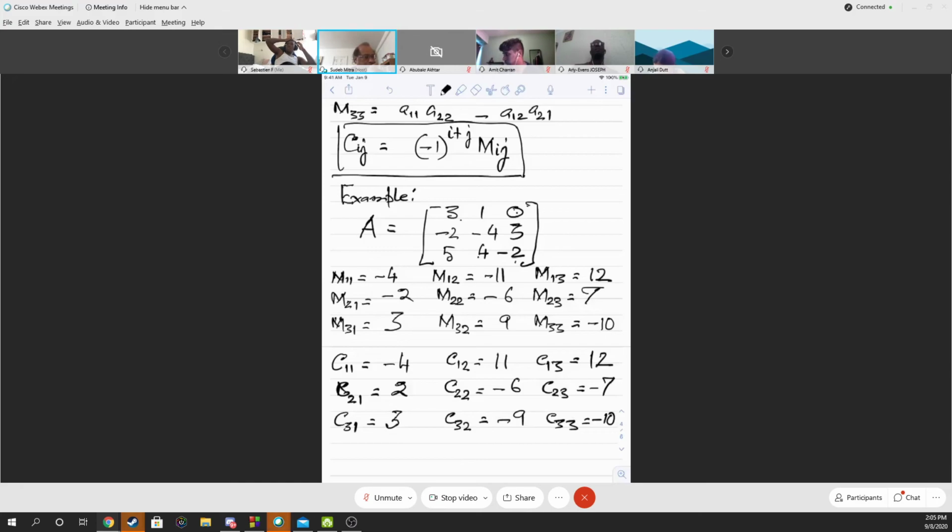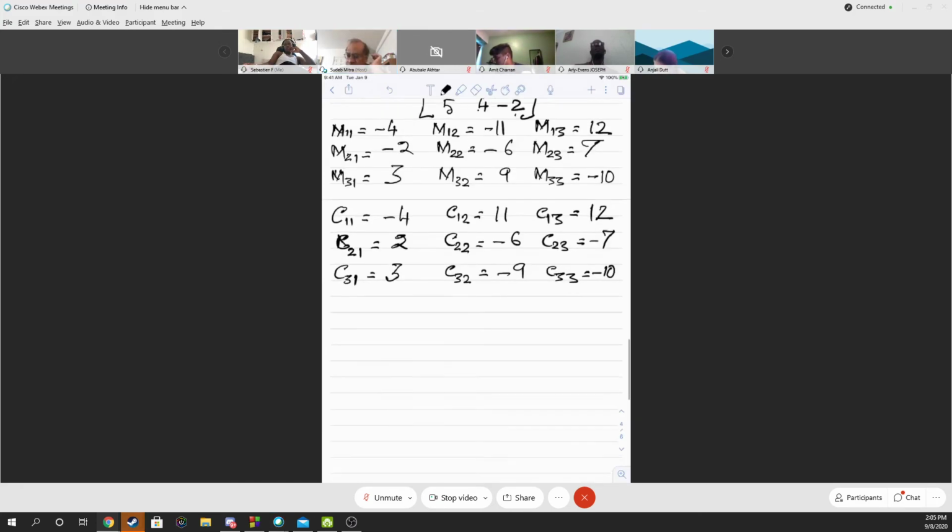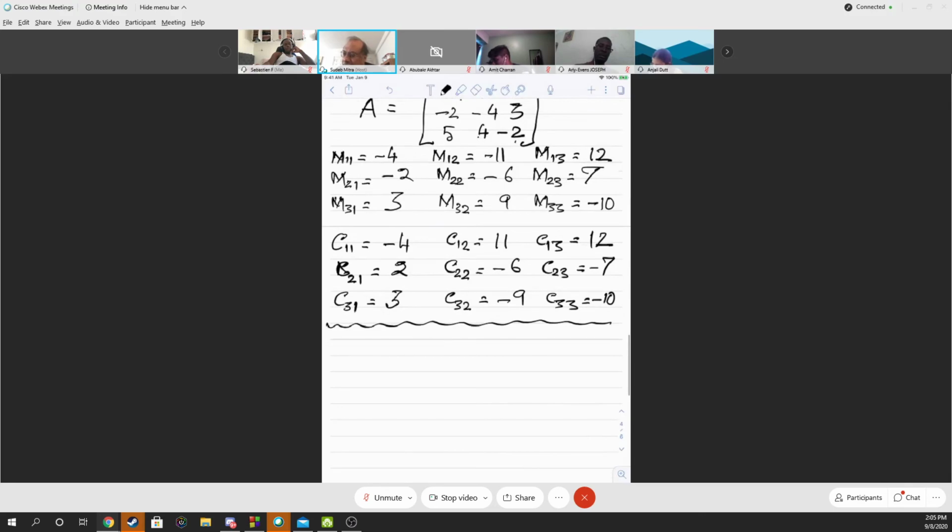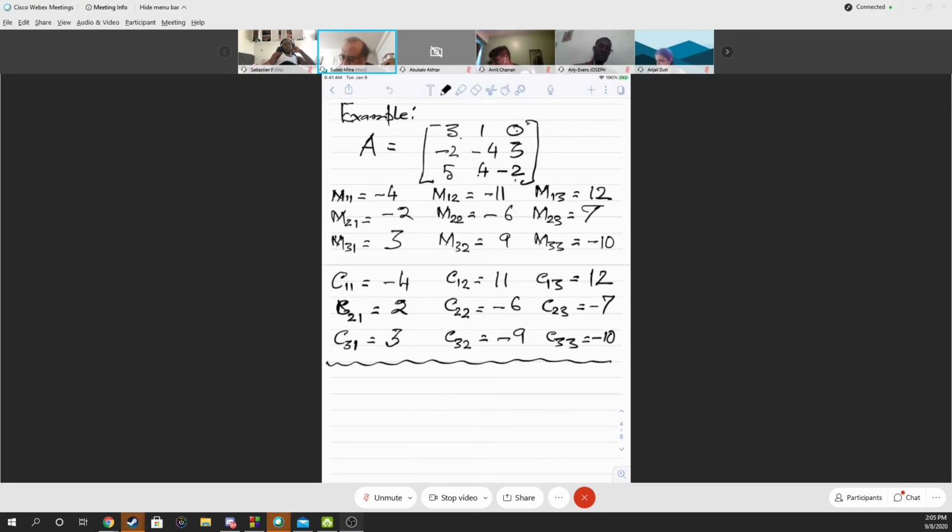Okay. Now, let us do it here. I want to show you something. How will I find the determinant of A? Determinant of A. How many rows are there? 3 rows. How many columns are there? 3 columns.